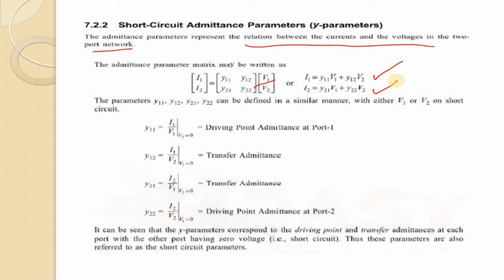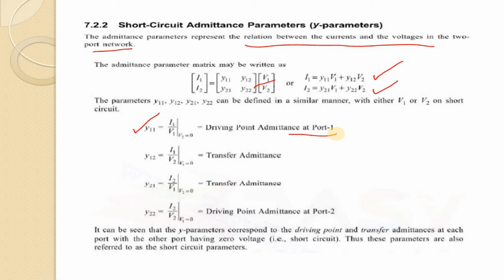In these two equations, we put V2 equals 0 and V1 equals 0 in turn to get the values. Taking the first one, putting V2 equals 0, we get I1 by V1 equals Y11, which is known as the driving point admittance at port 1.